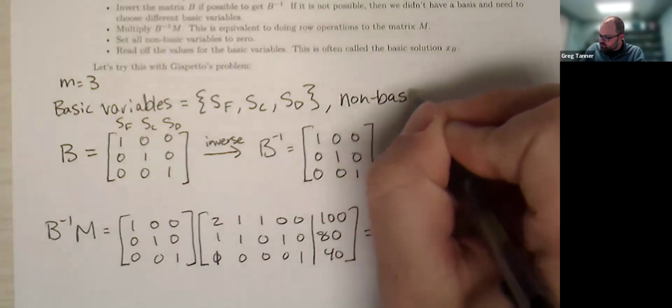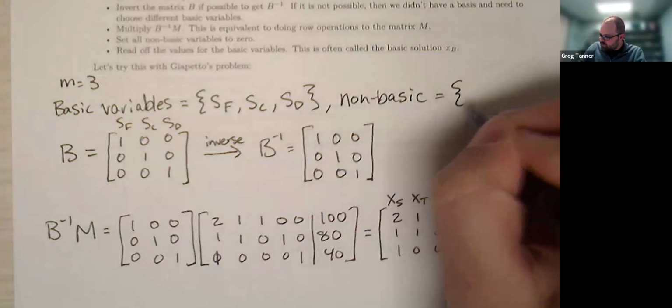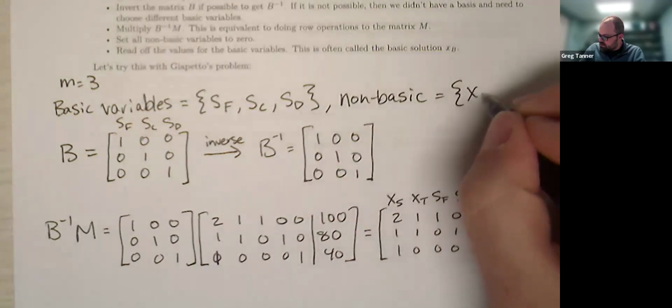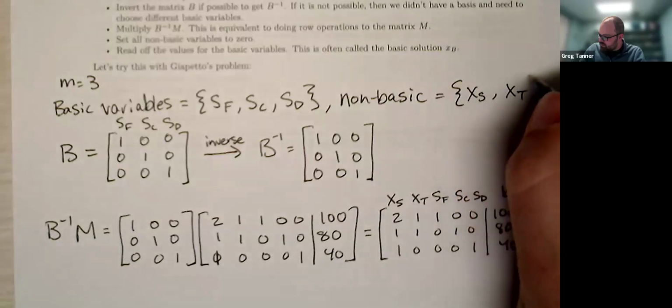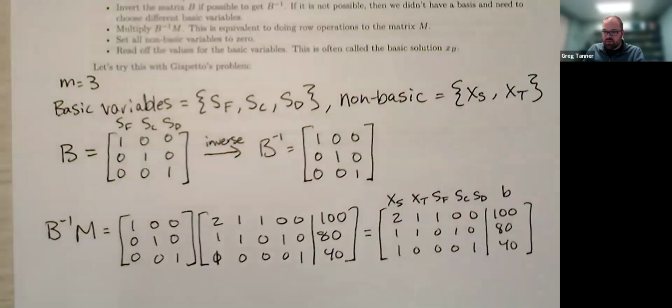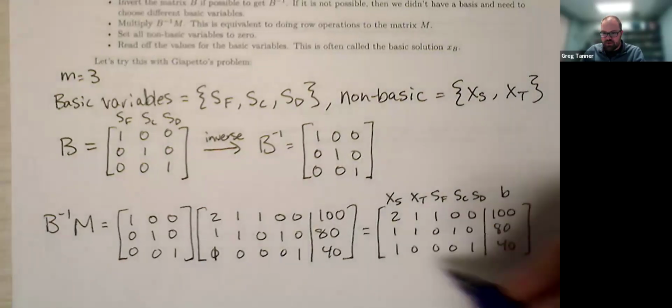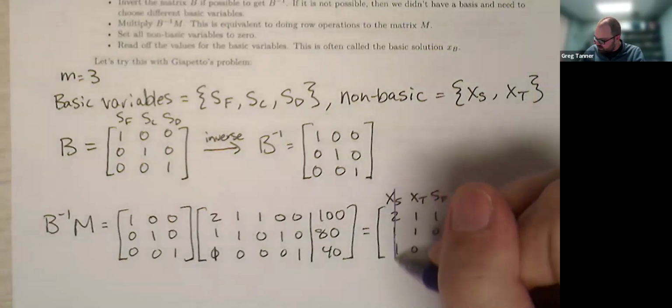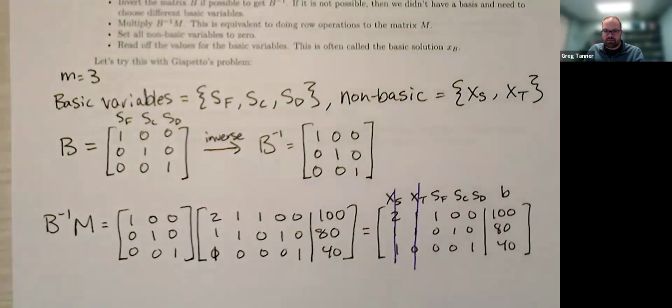Non-basic, that's going to be XS and XT, the remaining 2 variables. When we set those to 0, if we're thinking of this linear system, it essentially ignores those columns because we're going to have 0 times the entries in those columns, so we can effectively ignore them.